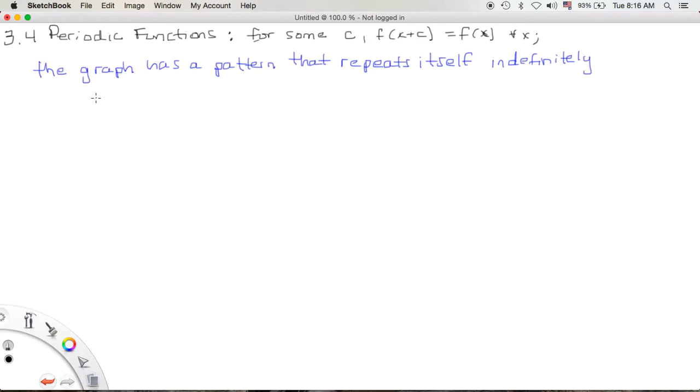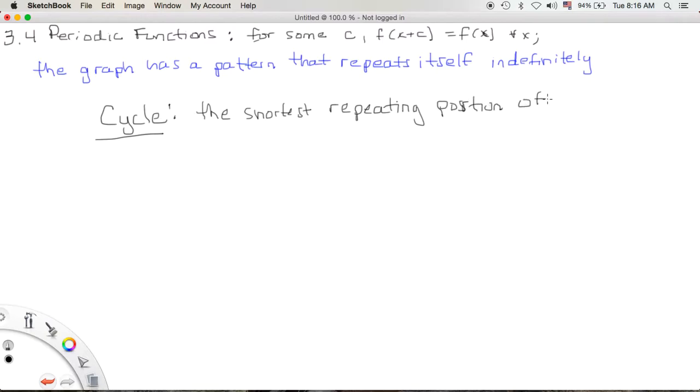So we have a couple of definitions we need to make sure we know here to go with these. First we need to know what a cycle is. A cycle is the shortest repeating portion of a periodic function.